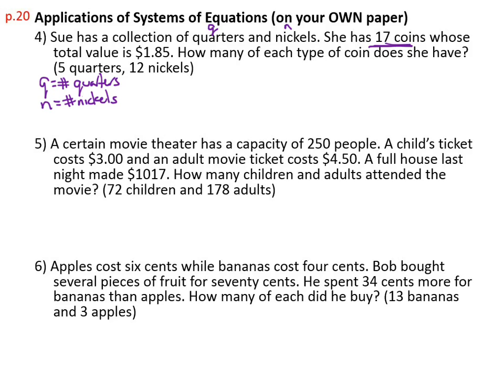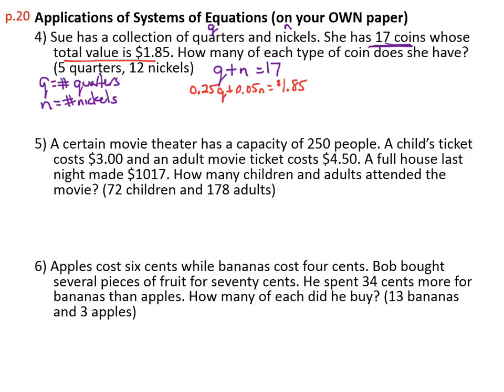So we know one of our equations is going to be, not X, we used Q, plus N is equal to 17. There's her 17 coins. And then the total value is $1.85. Well, if we remember that quarters are worth 25 cents, so 0.25 per quarter, plus nickels are 5 cents, so 0.05 N is equal to that total amount of $1.85.